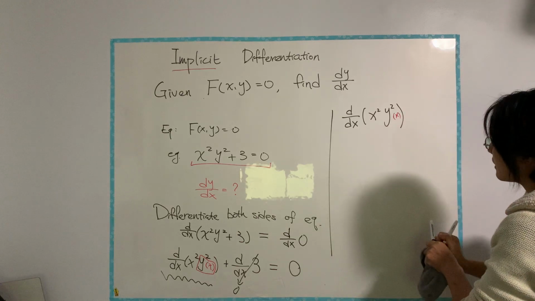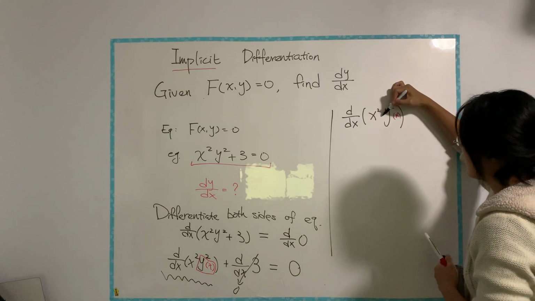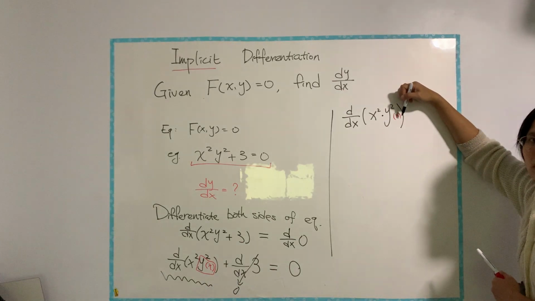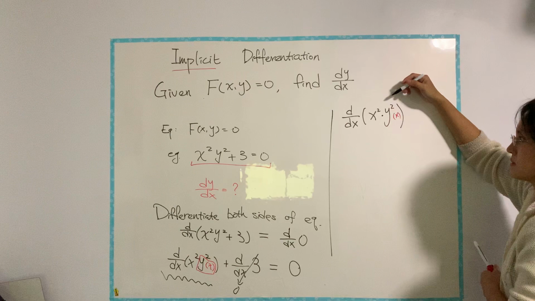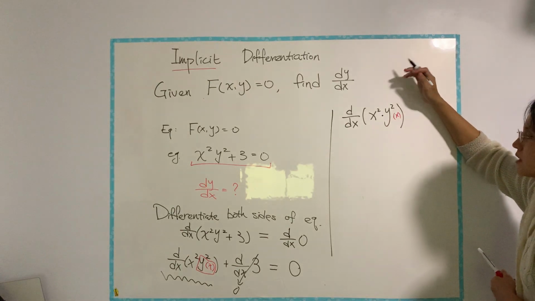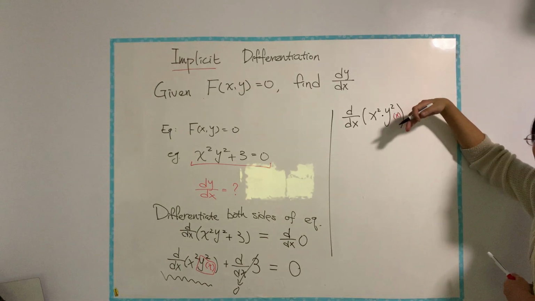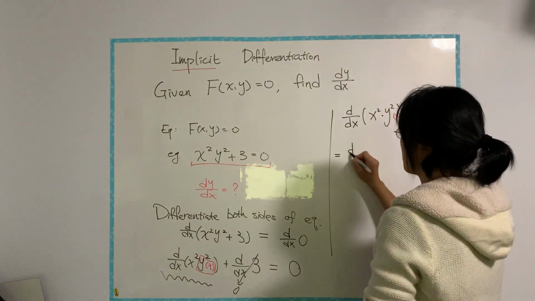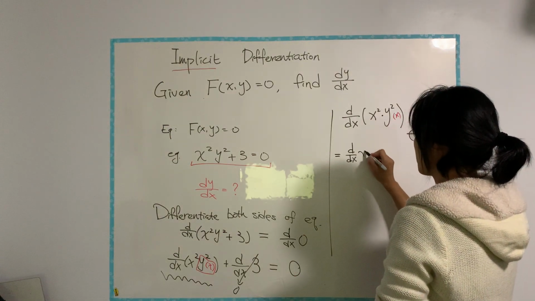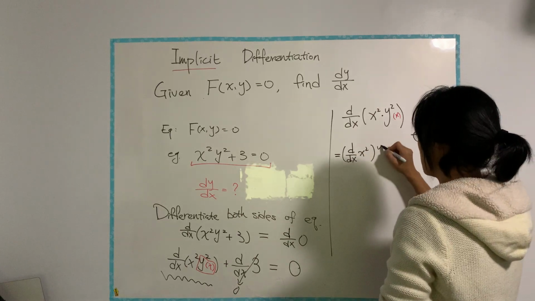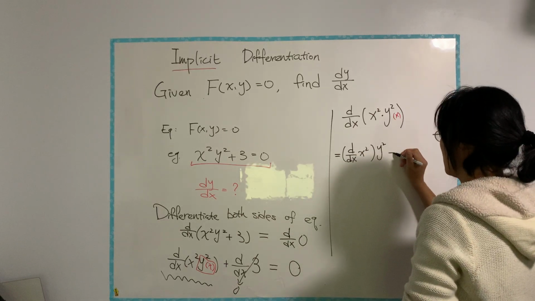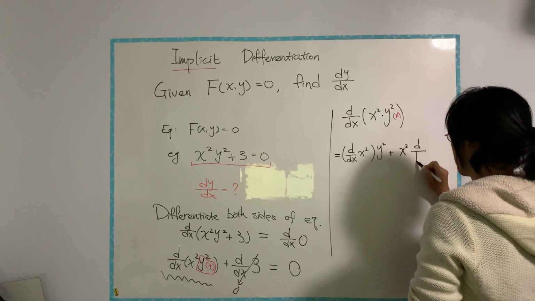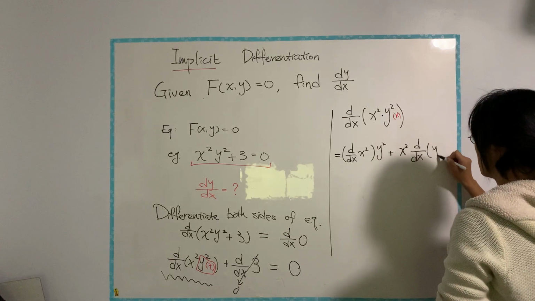Now here we have a square function times a y function, y squared. Therefore, to differentiate this, I need to apply the product rule. So it'll be the derivative of x squared times y squared, plus x squared times the derivative of y squared.